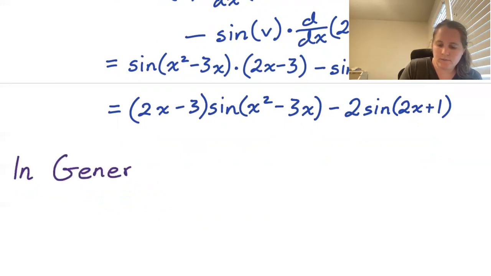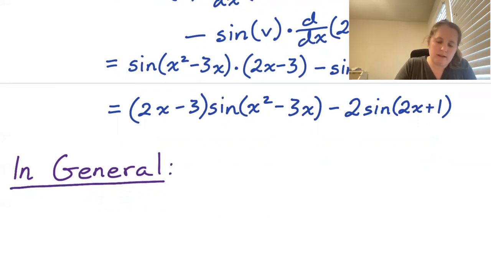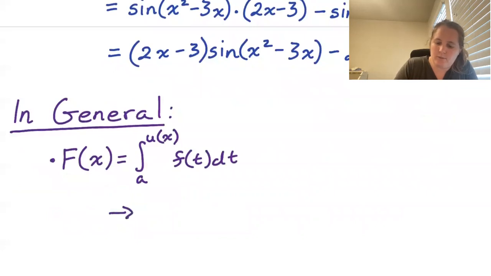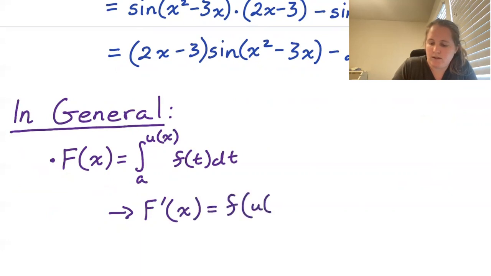So in general, we have seen that if capital F of x is equal to the definite integral from a to u of x of lowercase f of t dt, then we get that capital F prime of x is simply equal to f of u of x times u prime of x.